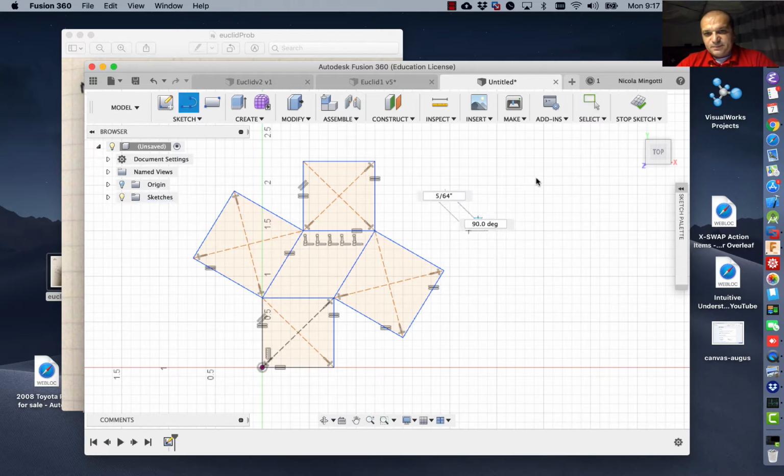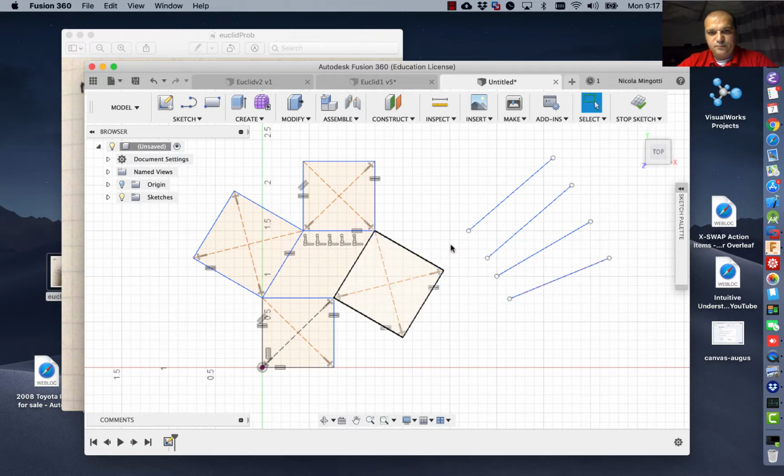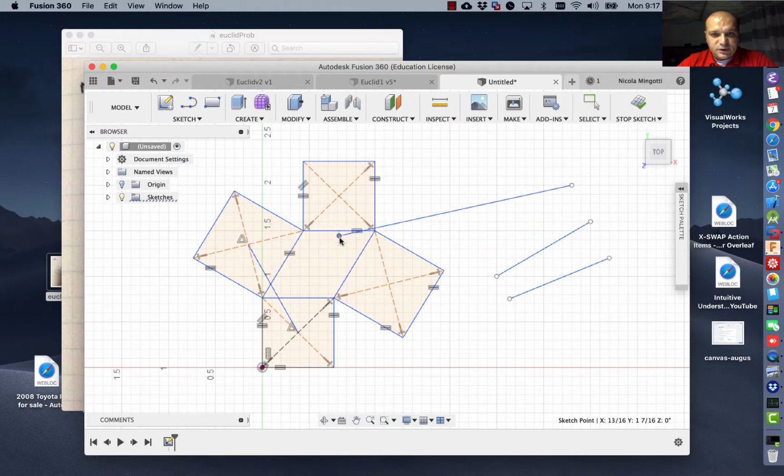Finally, let's build our central square. So this goes connected to this, which is connected to this, which again goes here.